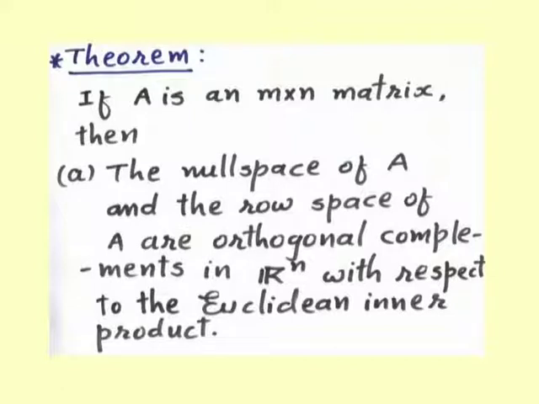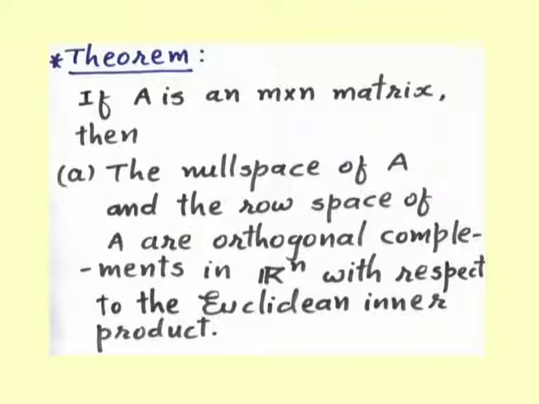Now one theorem: if A is an m cross n matrix, then the null space of A and the row space of A are orthogonal complements in Rn with respect to the Euclidean inner product. Now let me tell you what the null space of A is. The null space of a matrix A is nothing but the solution space of the system AX equal to 0.